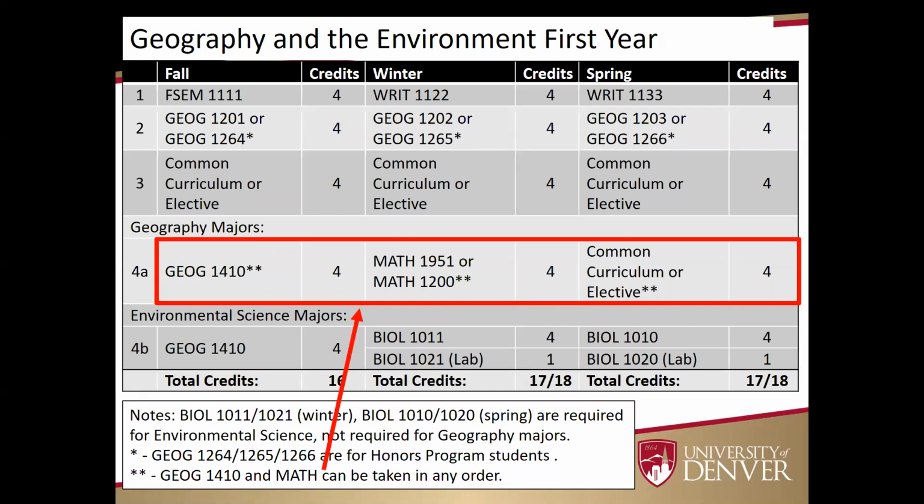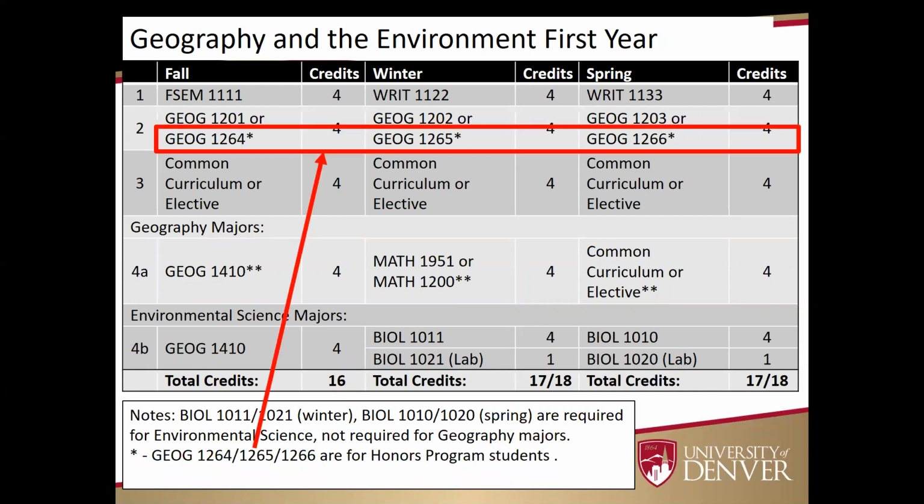Those courses are offered in all of the quarters. So you can start off by taking the common curriculum and then get your Geography 1410 and then take your math. You can take them in a variety of sequences because these courses are all offered during the whole entire year.